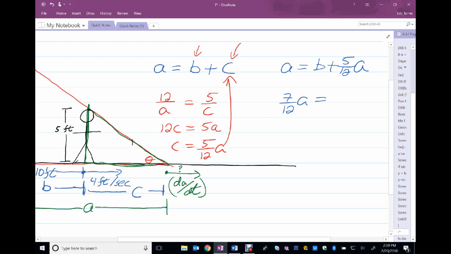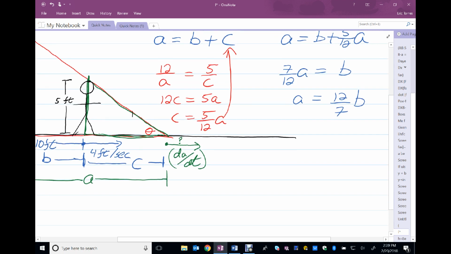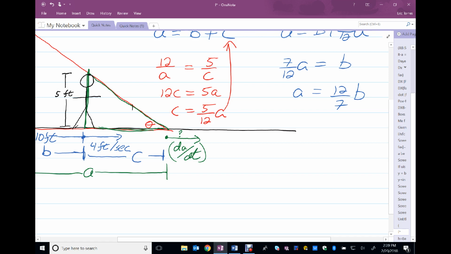A equals B. And I can also write that if I want to solve for A, A equals 12/7 B. Now, notice when I take the derivative of this formula with respect to time, I get the change in A over the change in time equals 12/7 times, but again, use substitution or chain rule, dB dt.